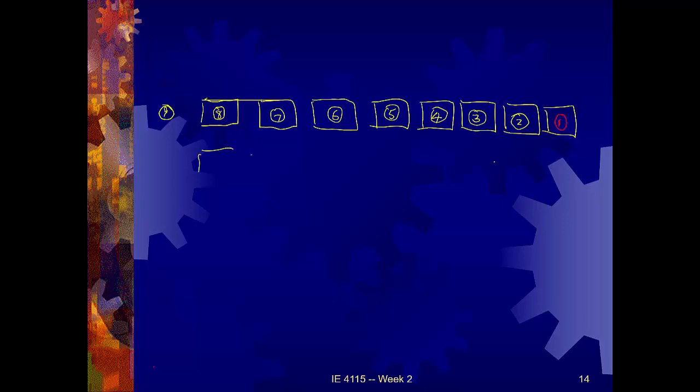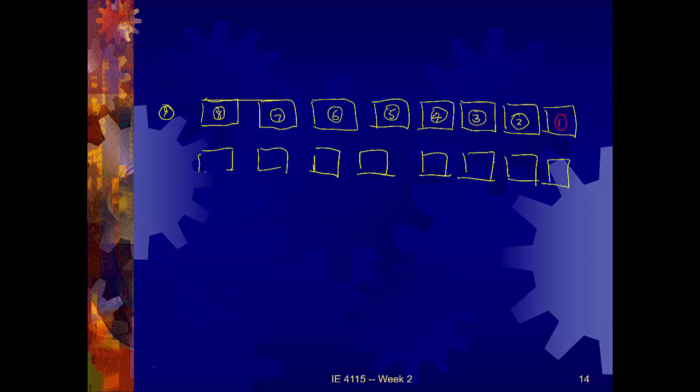If we have the same queue here, this 9th one can move into this queue when the items all shift one location in this queue.